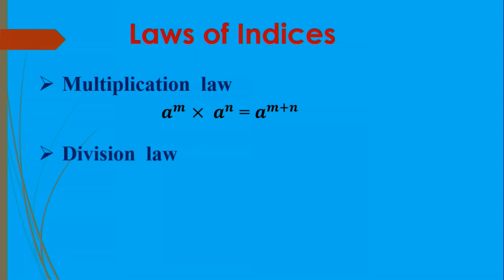Then you learned about the division law, where a power m divided by a power n can be written as a fraction. That is, we write a power m in the numerator and a power n in the denominator. The answer for this is equal to a power m minus n, where a cannot be equal to 0. That is, the base should be a non-zero number.